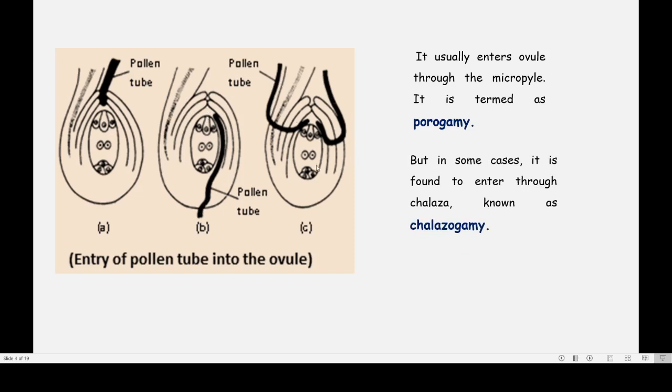In the third diagram, you can see these are the integuments, and the pollen tube is trying to enter through the integuments, and thus it is known as mesogamy. So there are three situations through which the pollen tube can enter into the ovule, but the general one is porogamy.